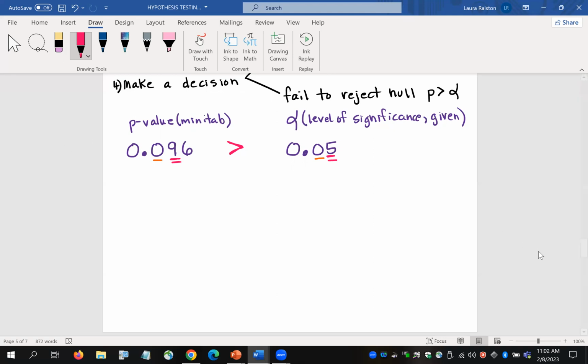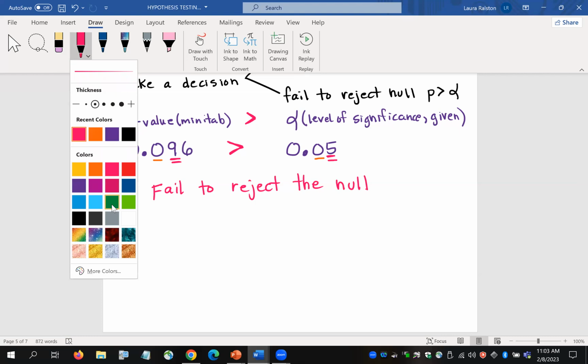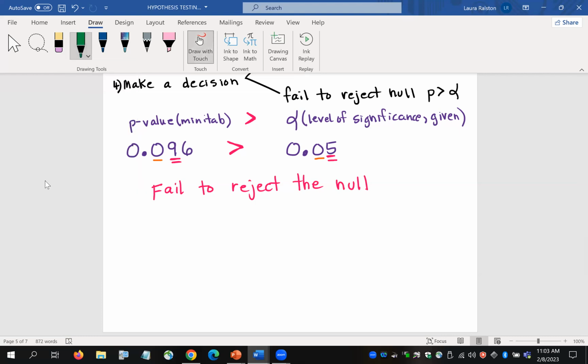Since the p-value is greater than alpha, I will fail to reject the null. Now, basically what does that mean if I fail to reject the null?